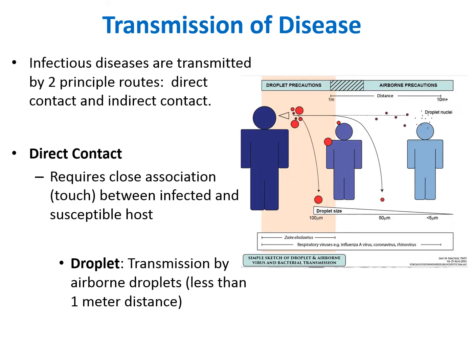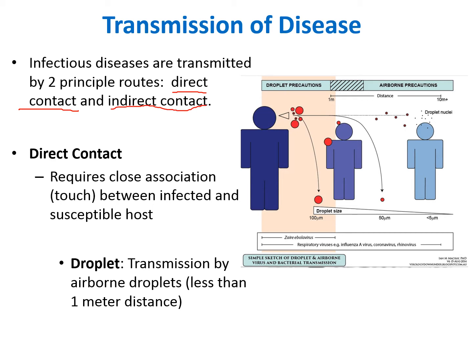In order for an infection to happen, an infectious agent must be transmitted from its reservoir or infected host to a susceptible host. Transmission happens in two primary ways: via direct contact transmission or indirect contact transmission.